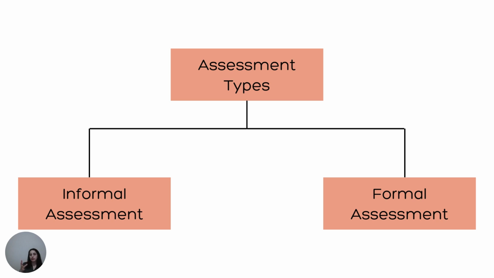It's incidental. Giving your students stickers is also informal assessment. You don't have to record your assessment there. Or maybe you say, well done, good job, or you may say, okay, you have to do this again, you are not very good at this one, you have to study, for example.